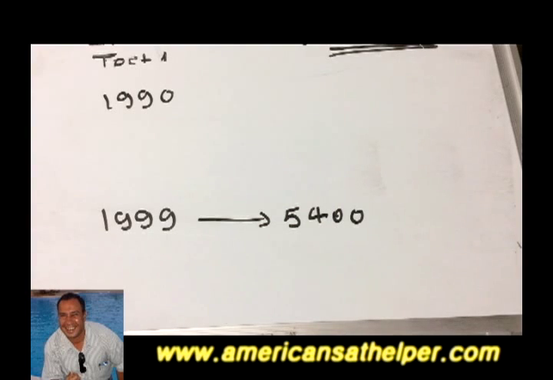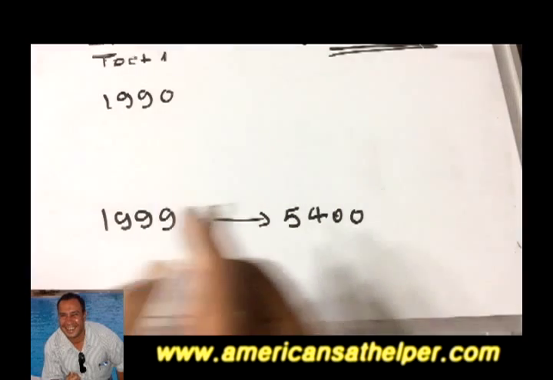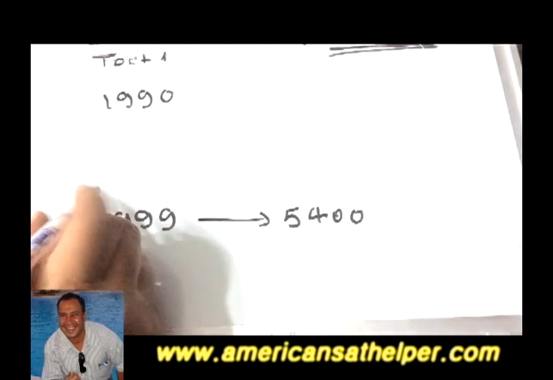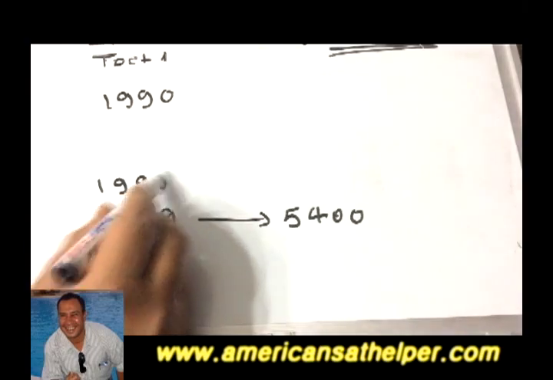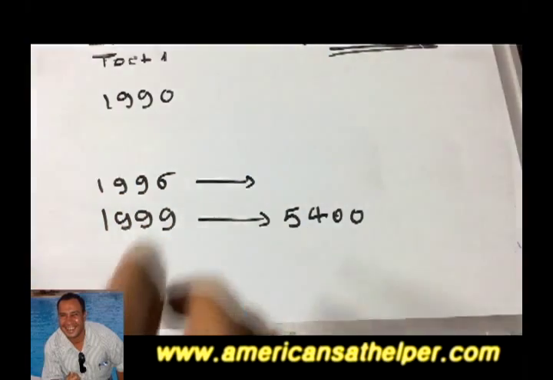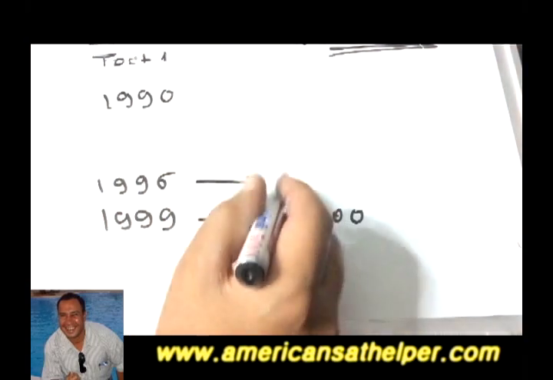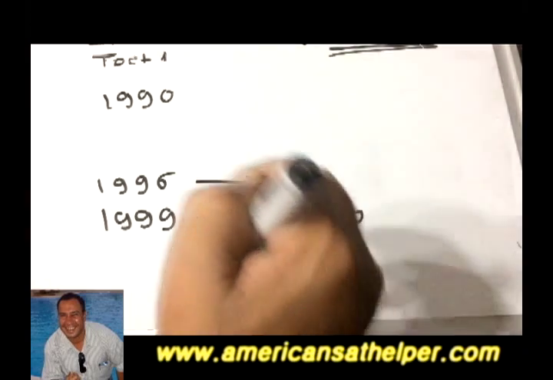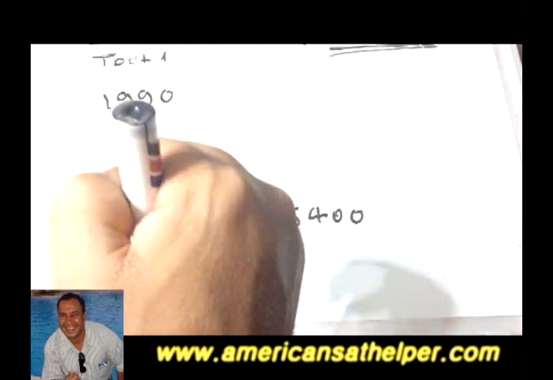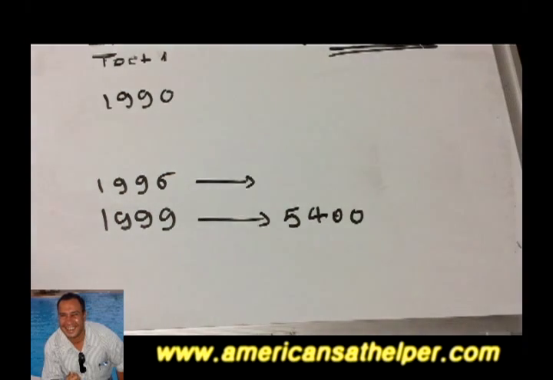And he said the number triples every 3 years. So if we go back 3 years, we will go to 1996. If there was a number and this number is tripled, then to get the previous number we have to divide by 3.